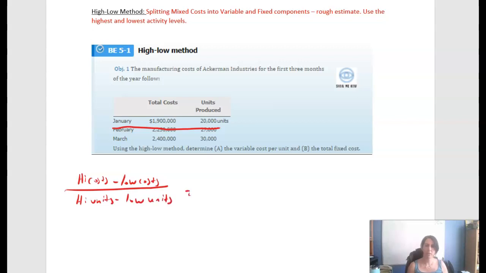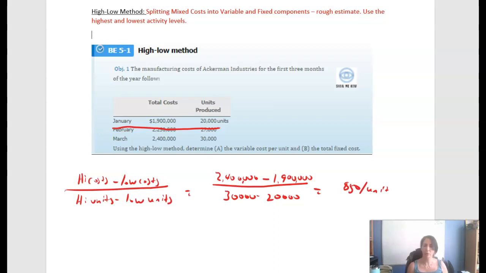So we take the highest costs, which is $2,400,000, minus the lowest costs, which is $1,900,000, and we divide that by how many units we need. So it's 30,000 minus 20,000.